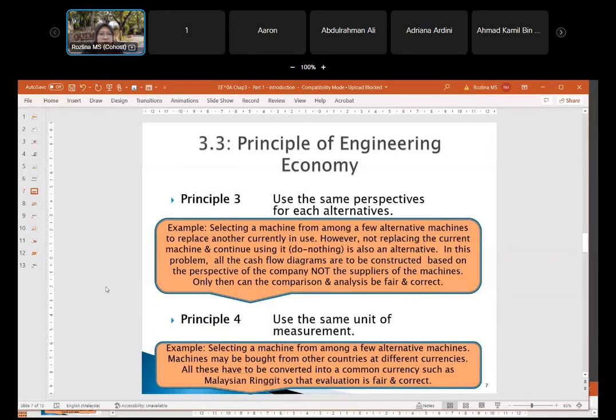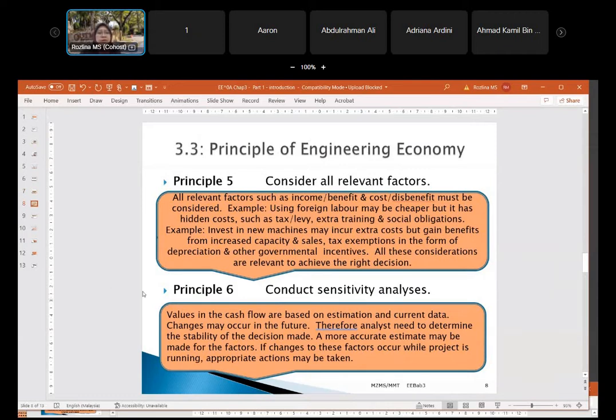Okay. Go to principle 5. Consider all relevant factors. All relevant factors such as income or benefit and cost or disbenefit must be considered. Income or benefit means you have the cash flow diagram, so the upper part, the one above. That one is income.